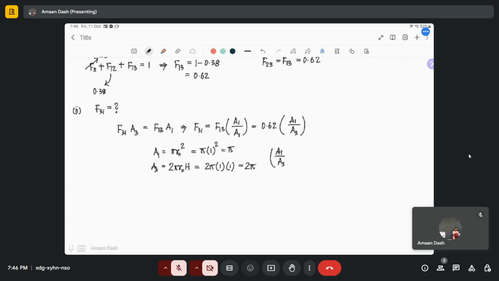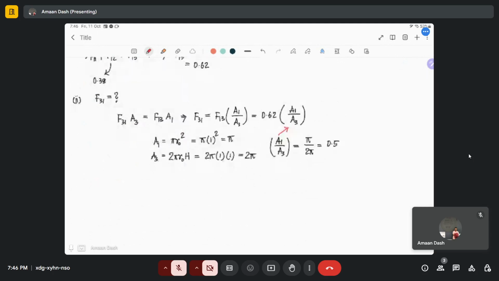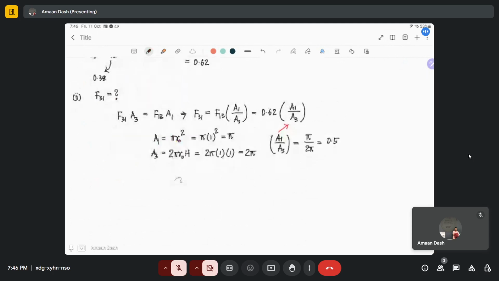Now the second part of the question is, what is F3 to 1? In a similar way, we know F1 to 3, so we can calculate F3 to 1. We have F3 to 1 times A3 equal to F1 to 3 times A1.